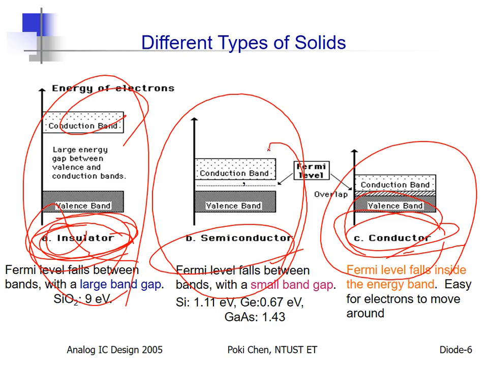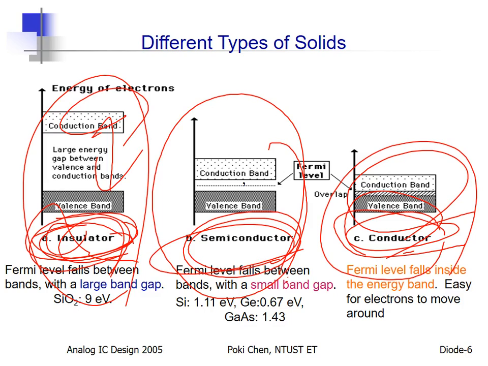Not so conductive, not so insulative. Very good. That is the definition of semiconductor. But what is the difference? Your energy gap is so large, and the conductor's energy gap is almost zero. So in between, the semiconductor's energy gap is not so high, not so low.